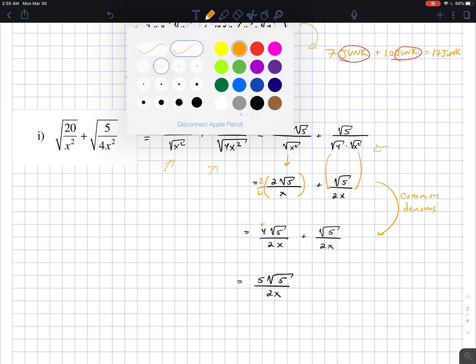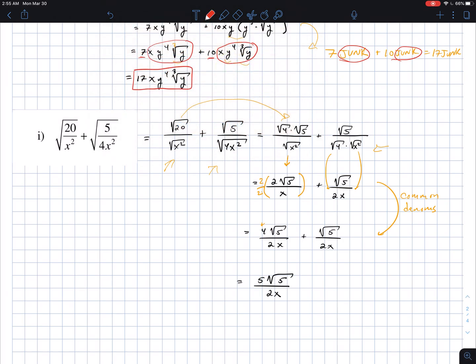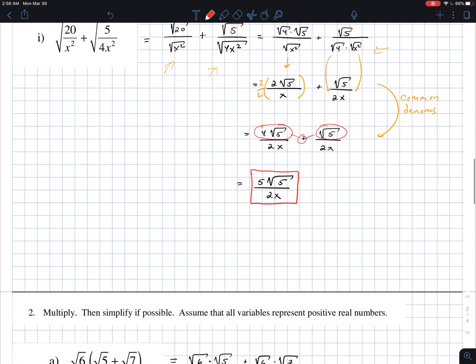And when we come to the solution and when we actually combine them, remember, once they have the same denominators, we're just carrying out the operation in the numerator, right? So 4 of something plus 1 of something is 5 of something over 2x, or in this case, 5 square root of 5 over 2x. All right.